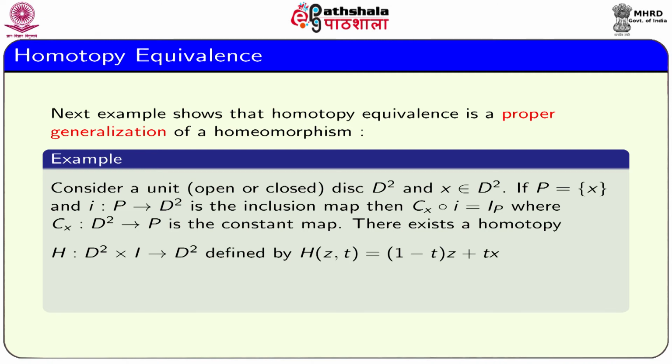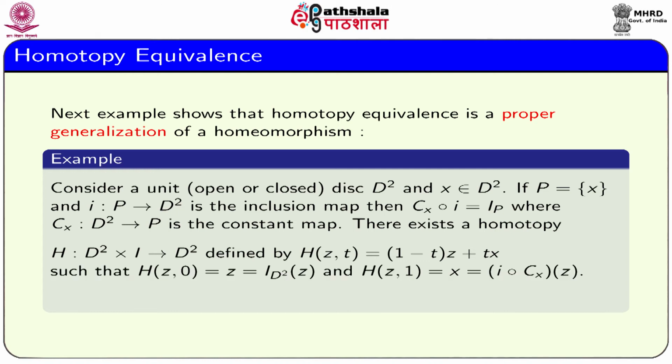There exists a homotopy capital H from D2 cross I to D2 defined by H(z,t) equal to (1 minus t) times z plus t times x, that is the convex combination of x and z. Now this capital H is certainly continuous.